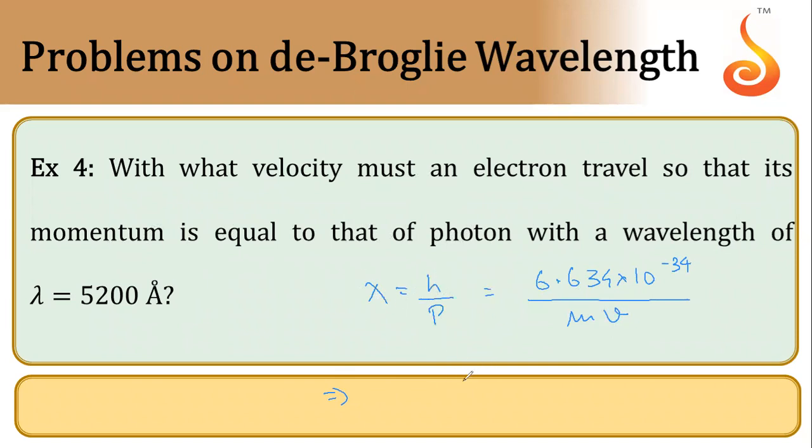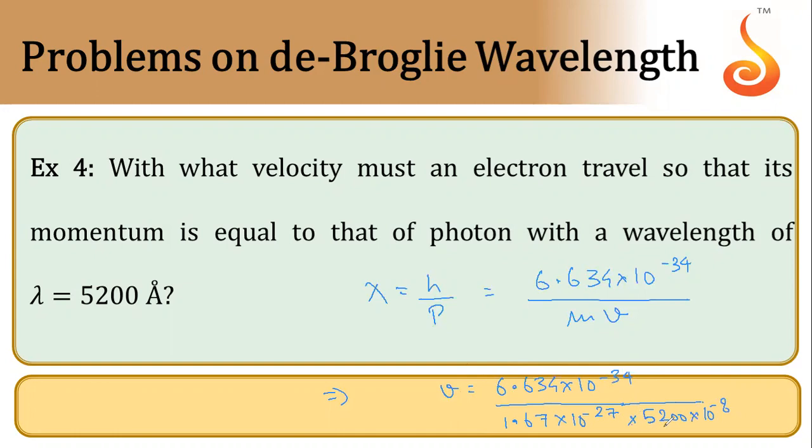So using this, velocity will be 6.634 into 10 raised to power minus 34 divided by mass. The mass will be 1.67 into 10 raised to power minus 27 kg, into the wavelength, which is 5200 into 10 raised to power minus 10 meter.